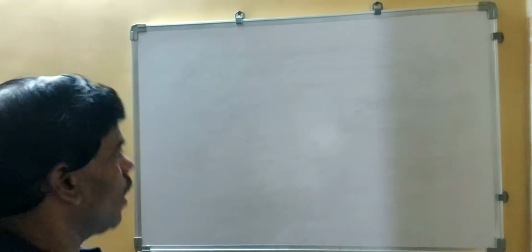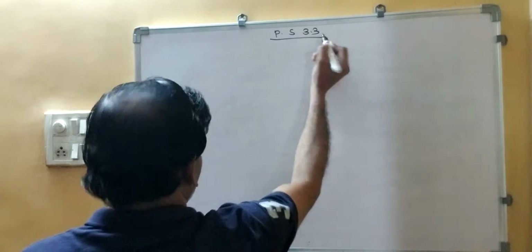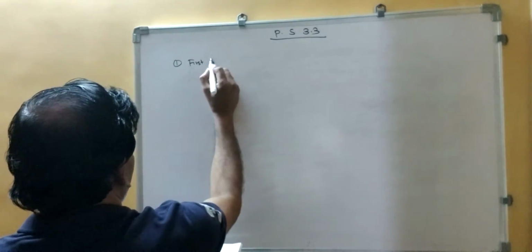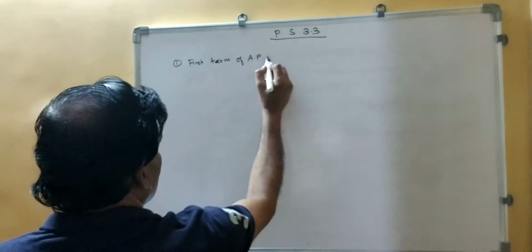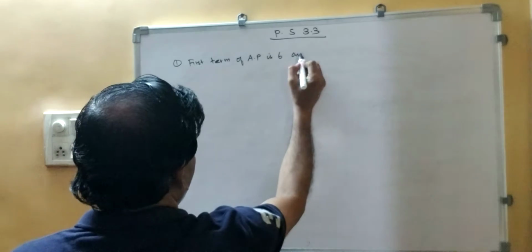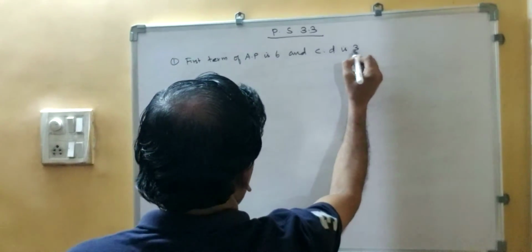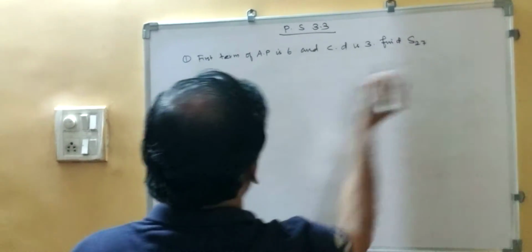Practice set 3.3. First sum. The first term of an AP is 6 and the common difference is 3. Find S27.